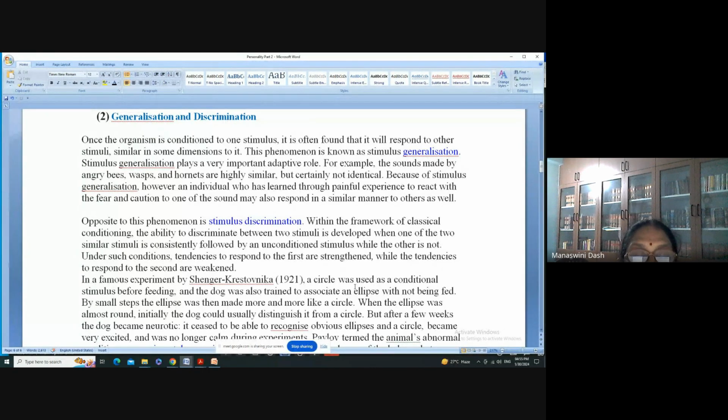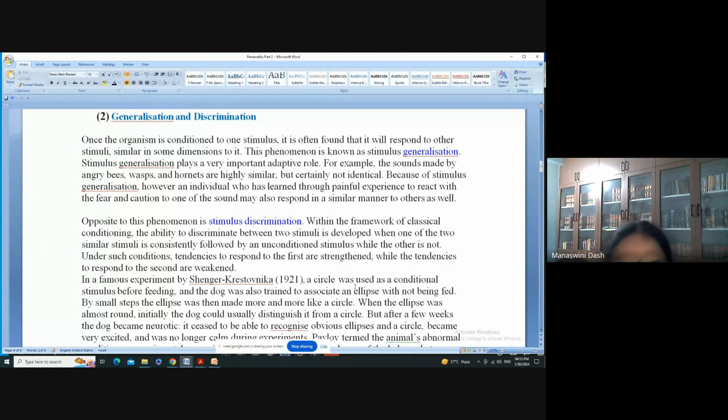Okay, so the other stimuli, which are similar in some dimension to the original stimulus, may be able to elicit the CR. Okay. This phenomenon is known as stimulus generalization.